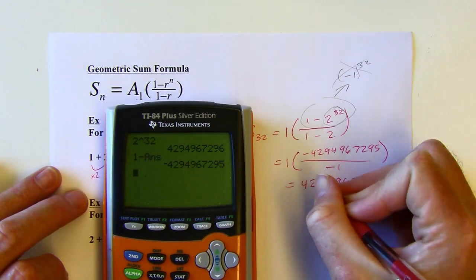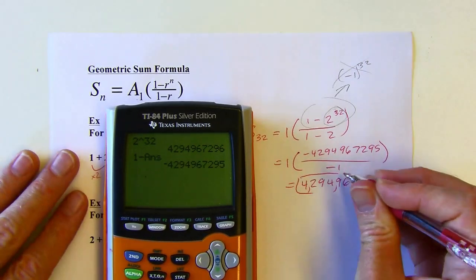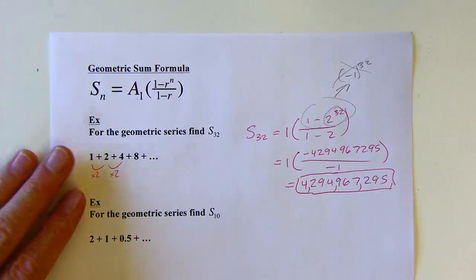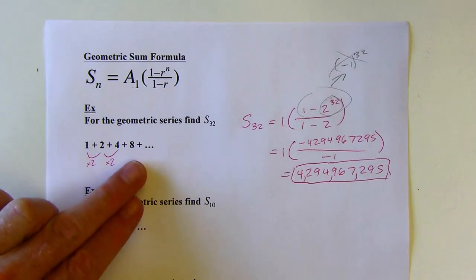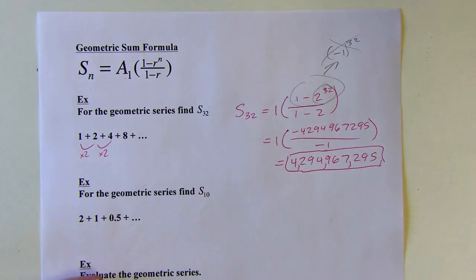Put in some commas there. Yeah, so there we go. Large number. I'm glad I didn't do that by hand because it would have taken a while. It's surprising how large those numbers get that quickly, but it's moving exponentially, really, right? Because we're multiplying to get from term to term.